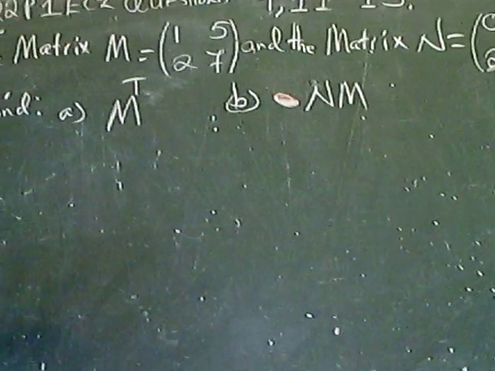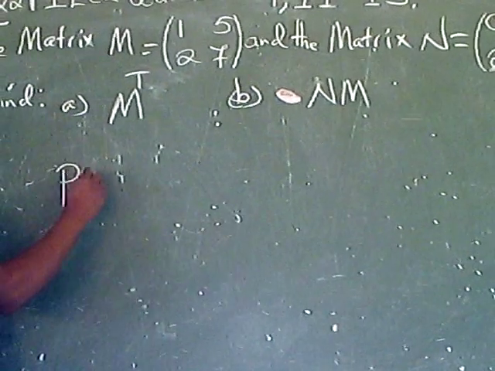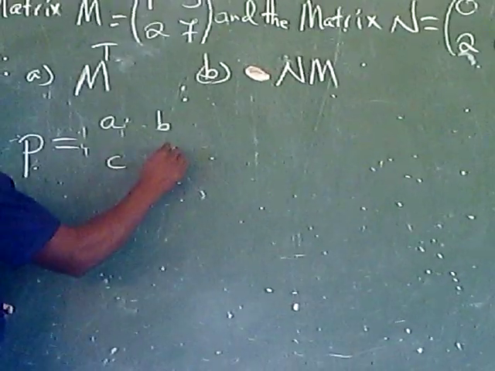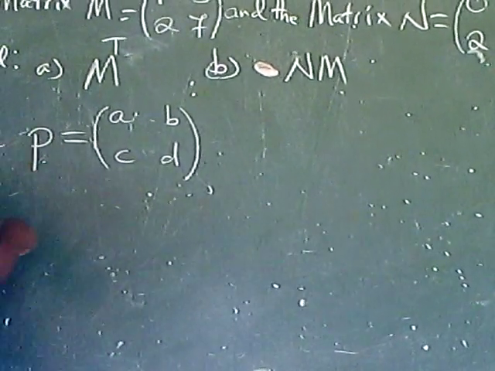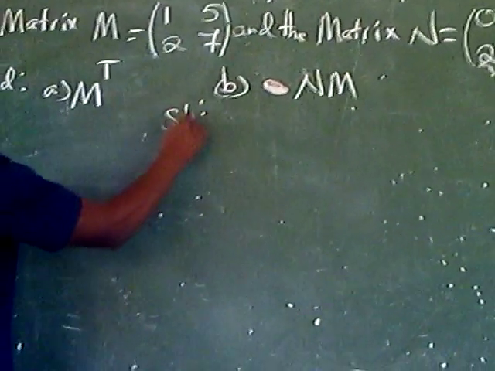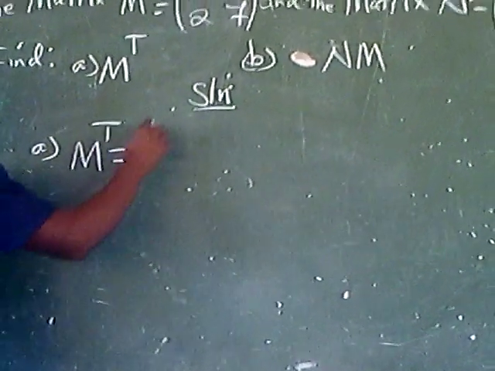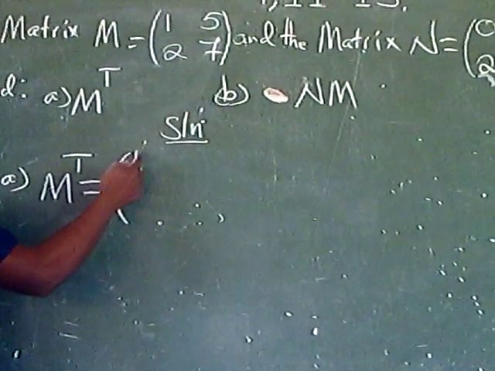I'll give just an example having A, B, C, and D. Here we have 2 rows. Now, the solutions. In the transpose of matrix M, the first row will become the first column.